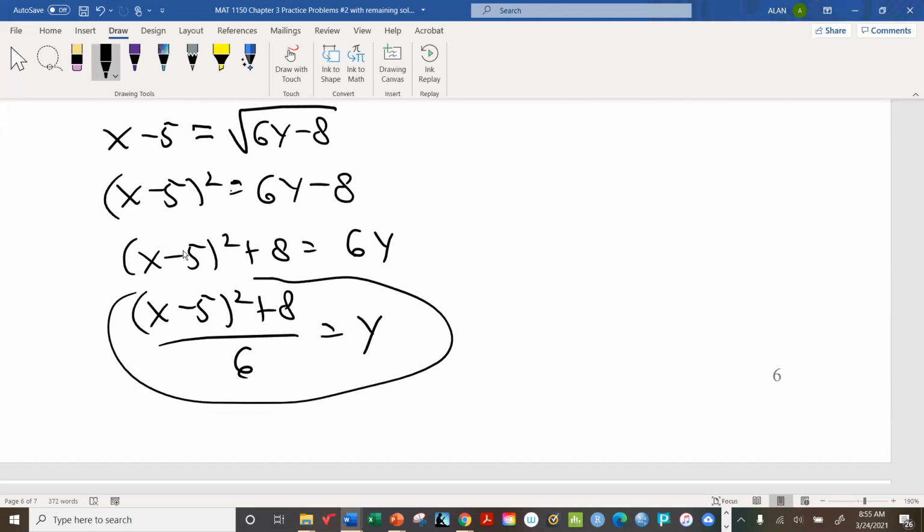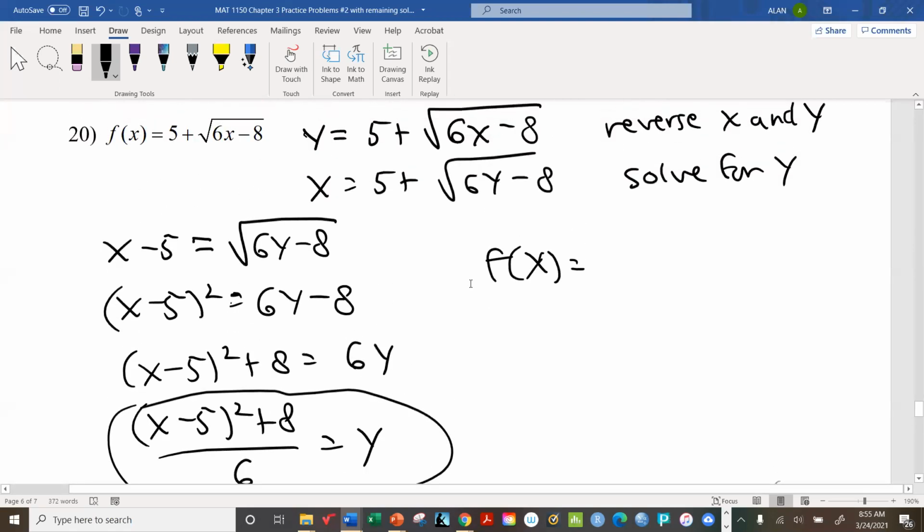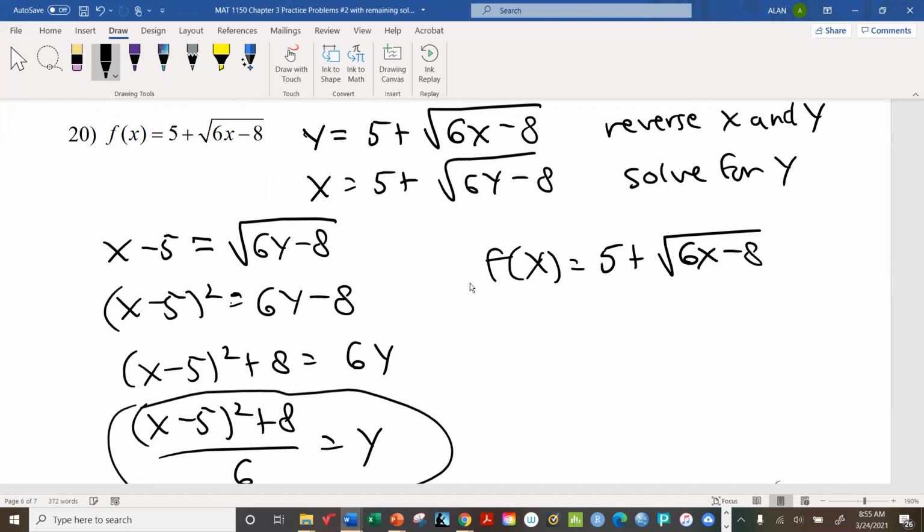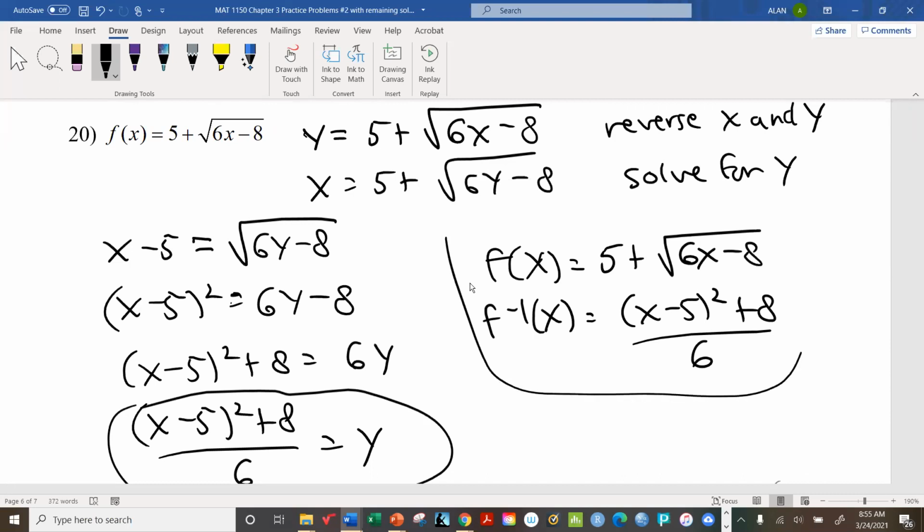And that's it. So since the original function was 5 plus radical 6x minus 8, the inverse, as we discovered, is (x minus 5) squared plus 8 over 6. All right.